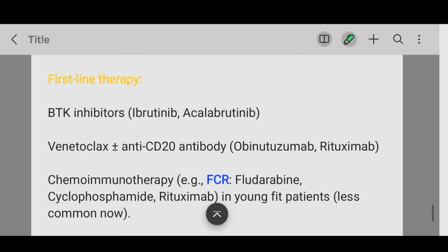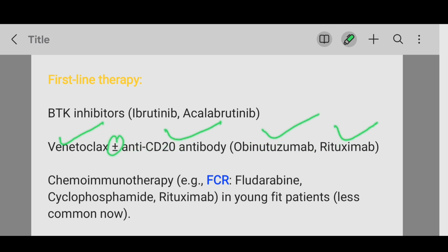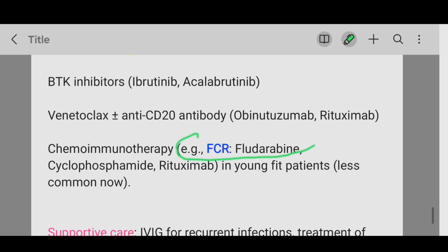First line therapy nowadays is tyrosine kinase inhibitors, ibrutinib or acalabrutinib. Other agents like venetoclax plus or minus anti-CD20 antibody like rituximab or obinutuzumab can be used. Previously, FCR, that is fludarabine, cyclophosphamide and rituximab, was used as first line.